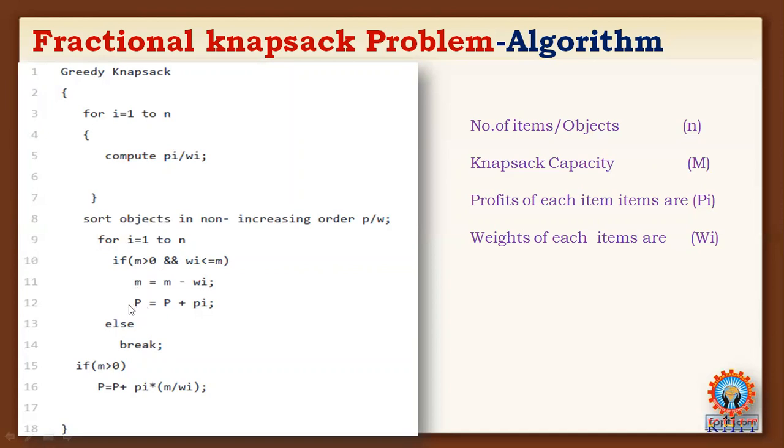Because once you place an item in the empty bag, automatically the weight of that particular item should be decreased from the total capacity of the bag. That means if you placed the first item, its weight W1 is to be decreased from the total capacity of the knapsack.